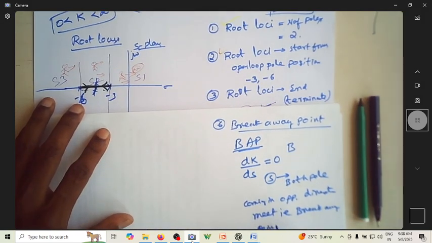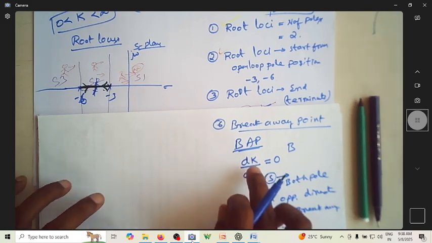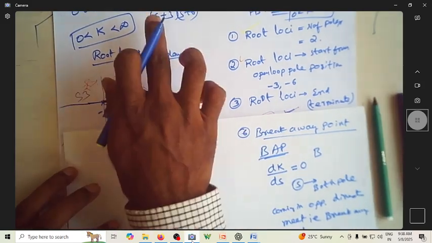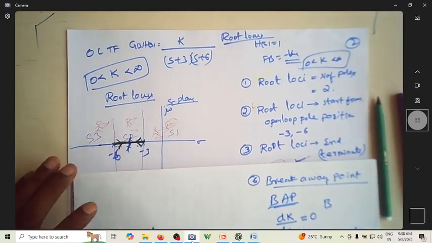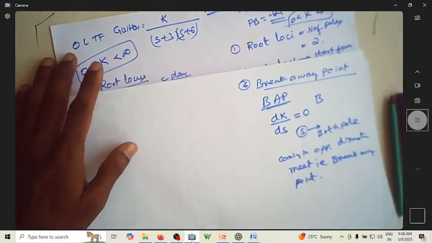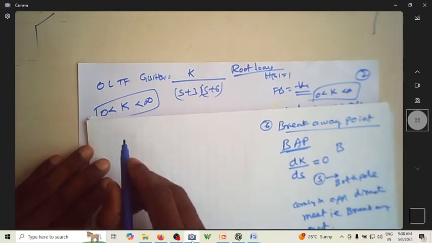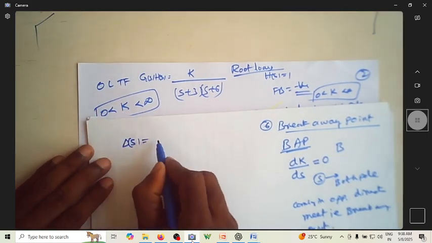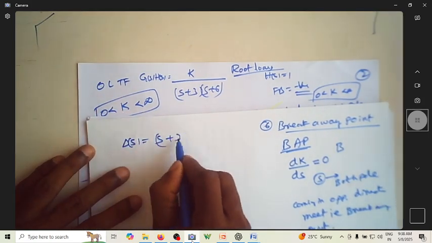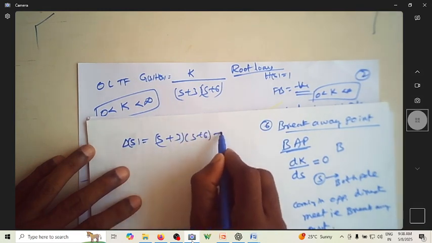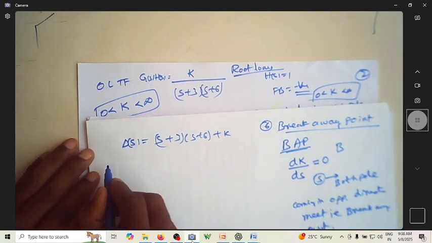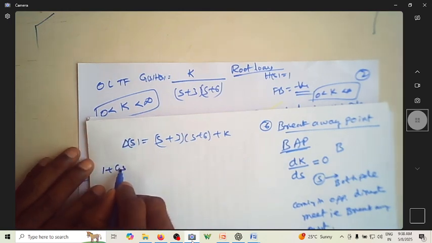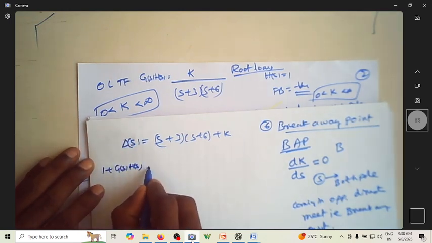So breakaway point. For that I need to know the k value. So from this, can I write what is del of s? So what is del of s for this? How do you write del of s? It is actually 1 plus G(s) H(s) equal to 0.